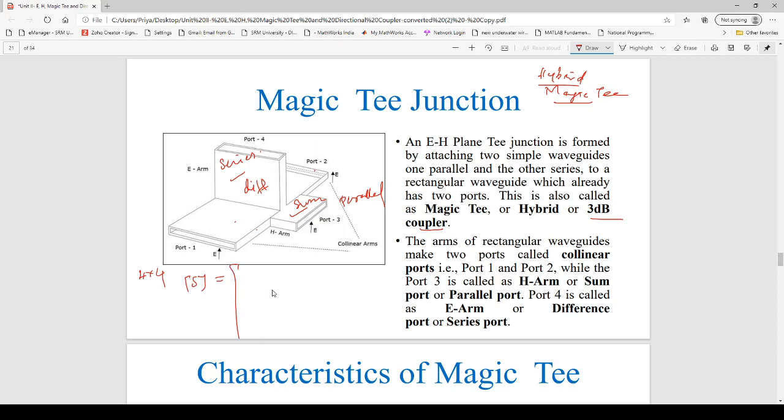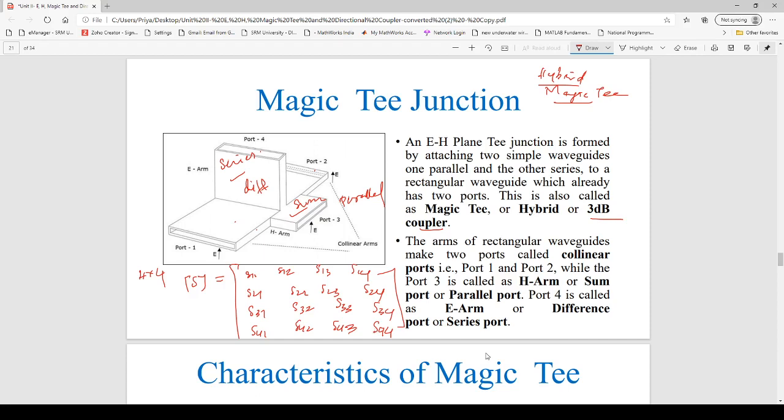I can have 16 parameters: S11, S12, S13, S14, S21, S22, S23, S24, S31, S32, S33, S34, S41, S42, S43, S44. Like this I can write my matrix.